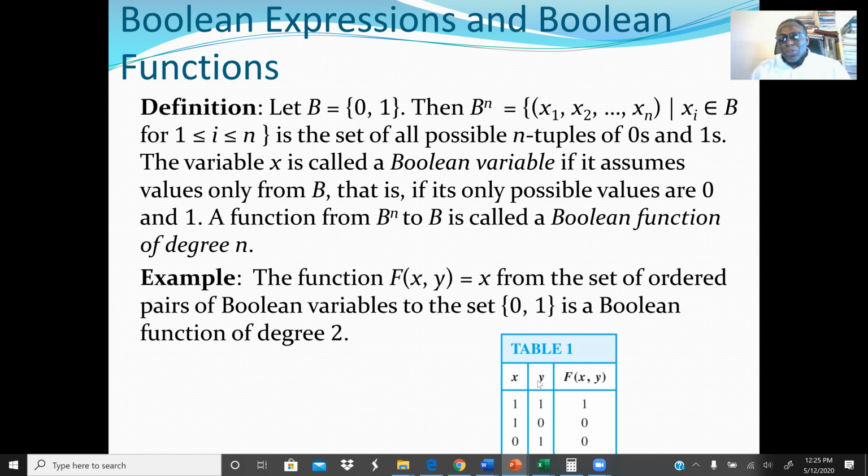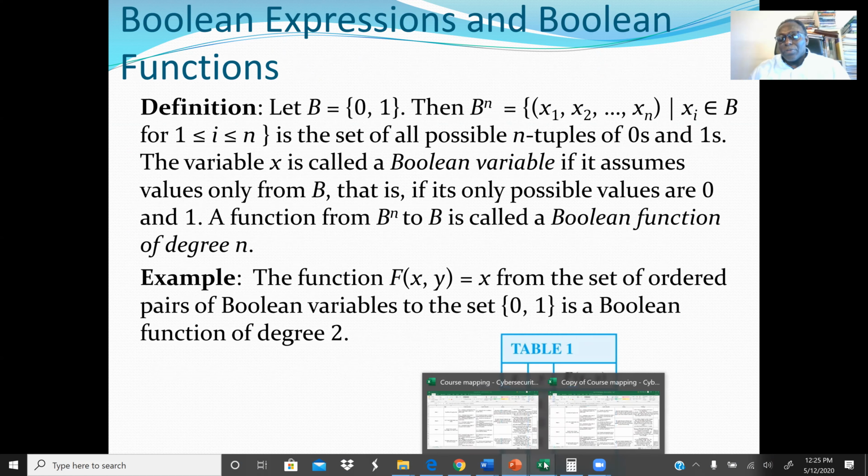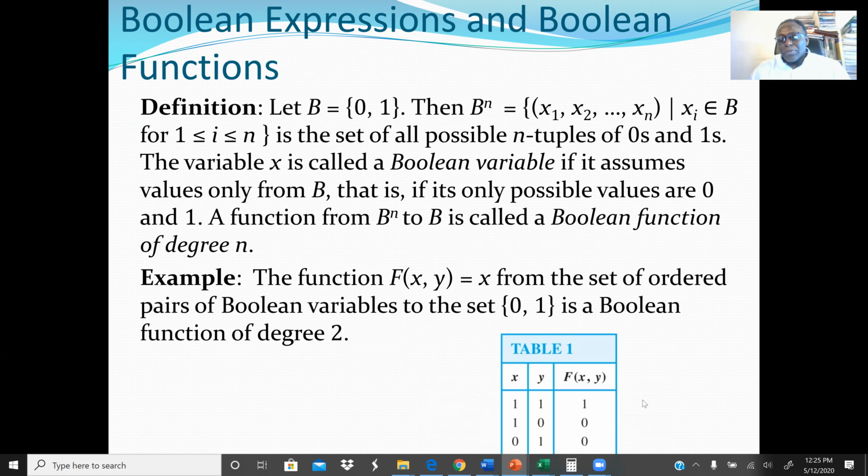If I have the two variables x and y, their possible combinations will be 1,1; 1,0; 0,1; and also 0,0. So here f(1,1) is 1, f(1,0) is 0, f(0,1) is 0, and f(0,0) is 0. This is a product.